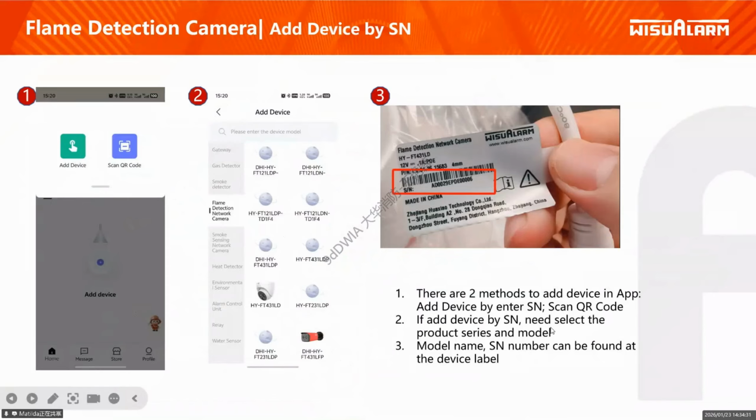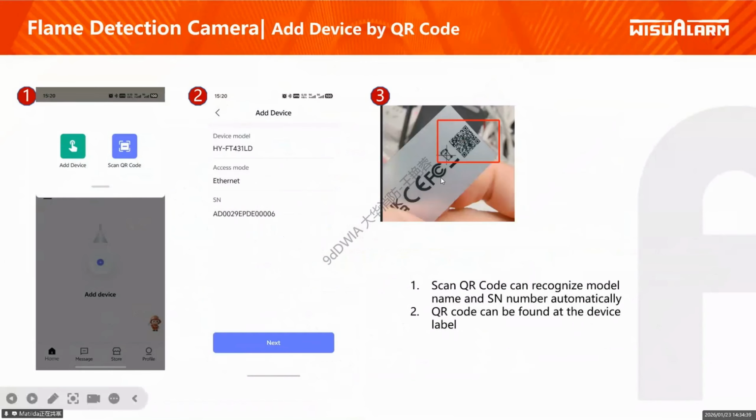And the model name and the SN number can be found at the device label here. Scanning the QR code can recognize the model name and the SN number automatically, and the QR code can be found at the device label.